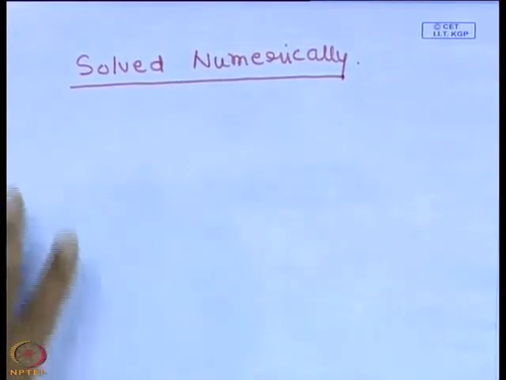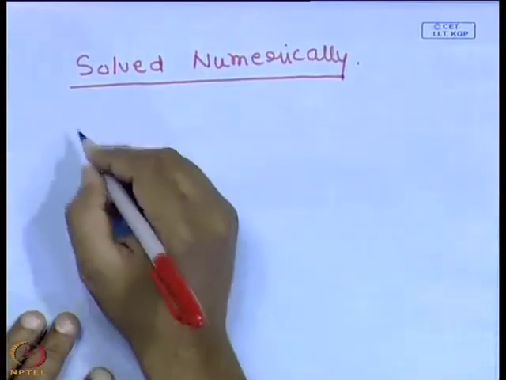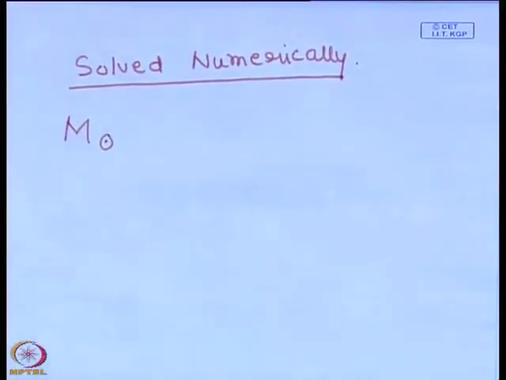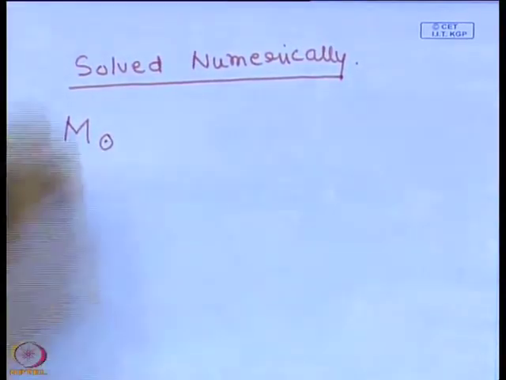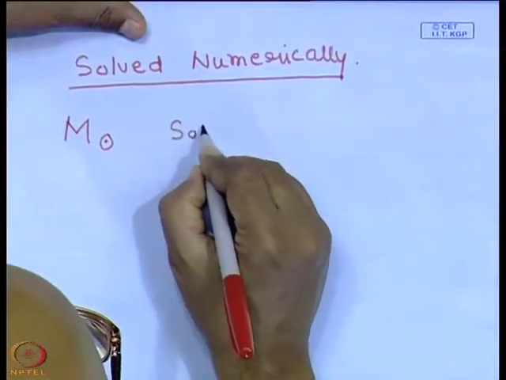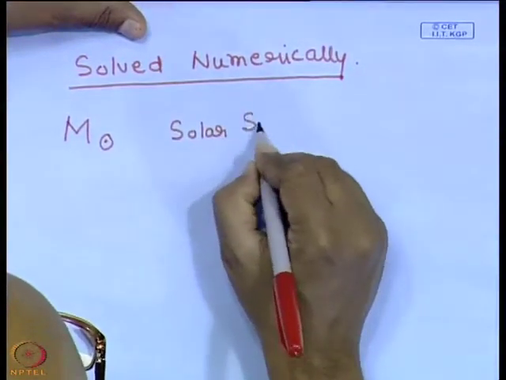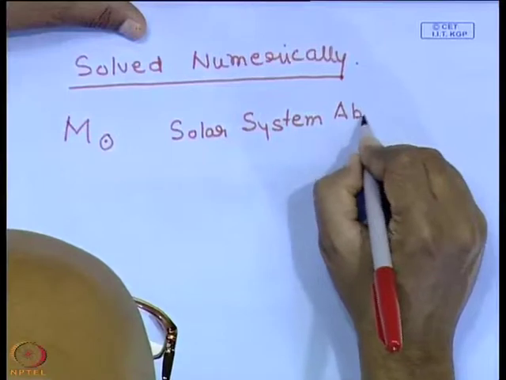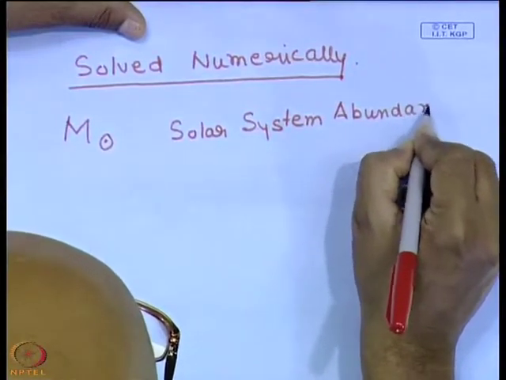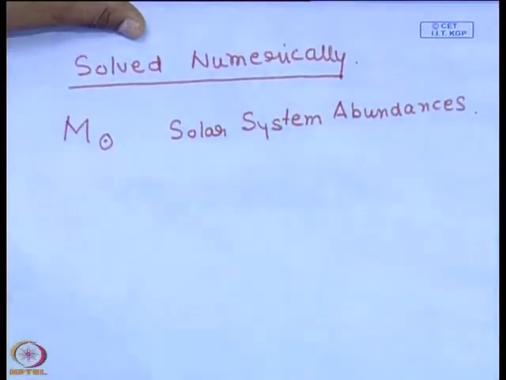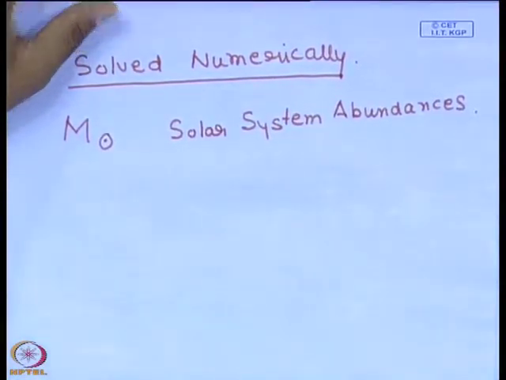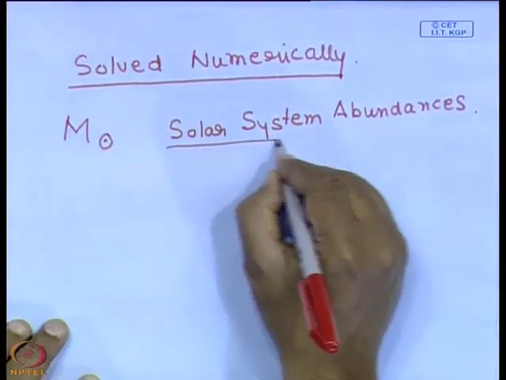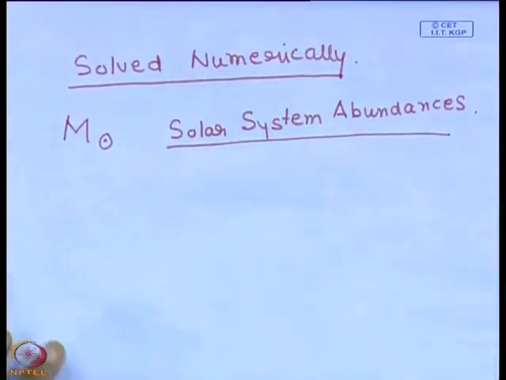Now, suppose you take a star of the mass of the sun and you set the composition at the solar system abundances and you solve these equations.